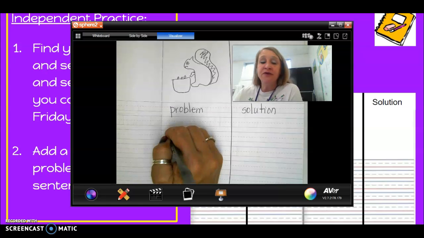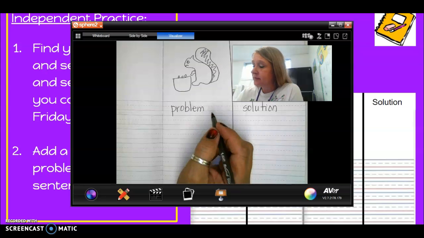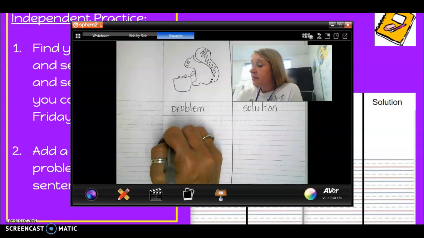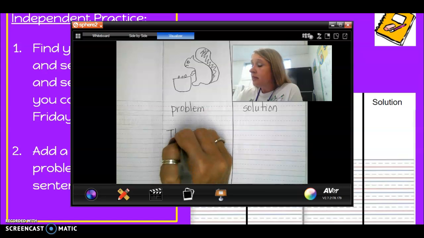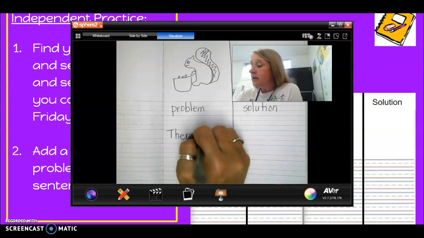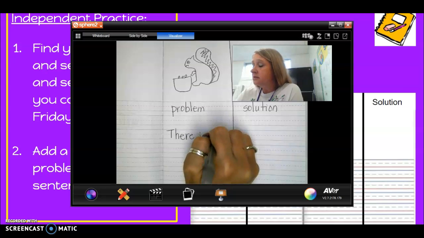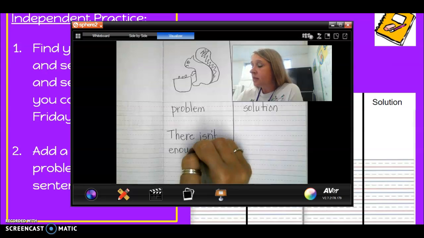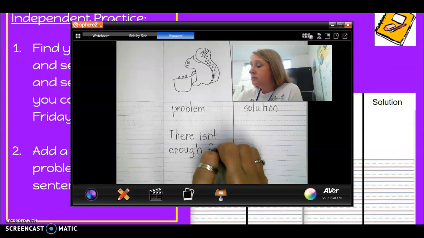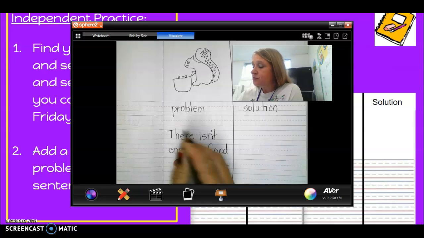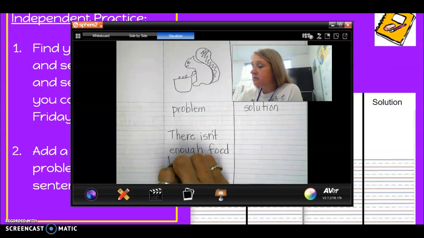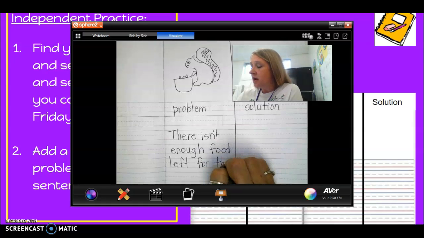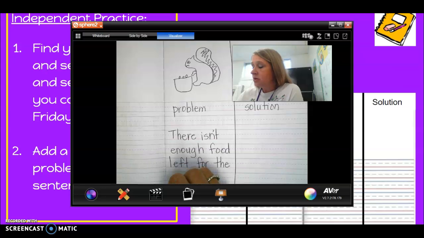So my problem for the squirrel to solve is that there isn't enough food left for the winter.